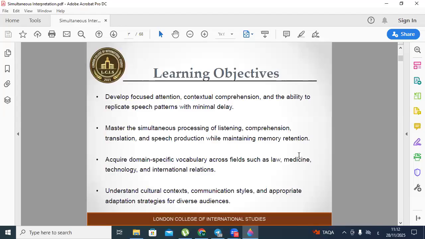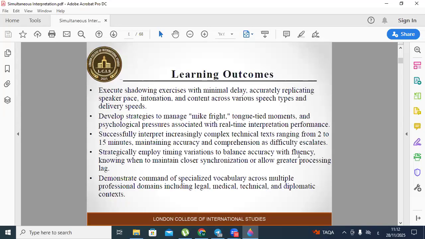Then acquire domain-specific vocabulary across fields such as law, medicine, technology, and international relations. Then understand cultural contexts, communication styles, and appropriate adaptation strategies for diverse audiences. Then let's go to the introduction.